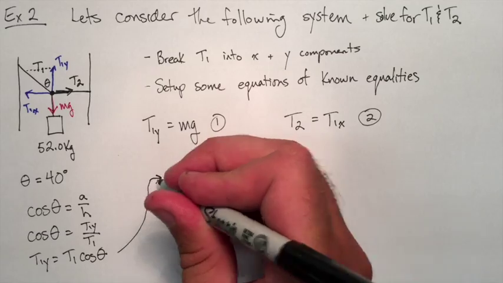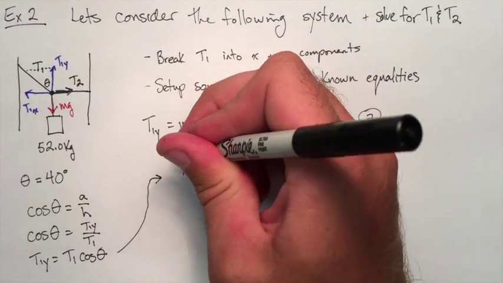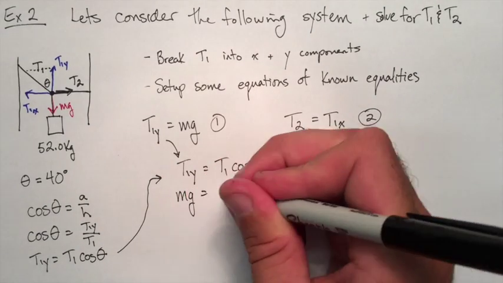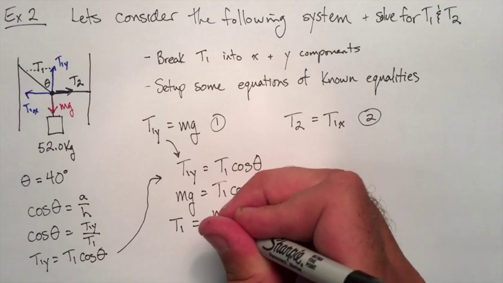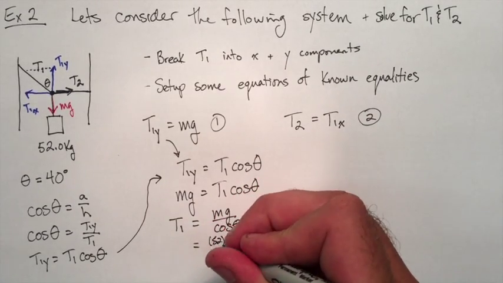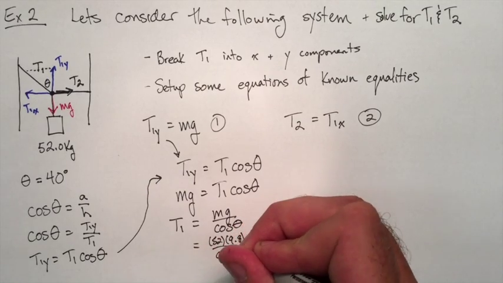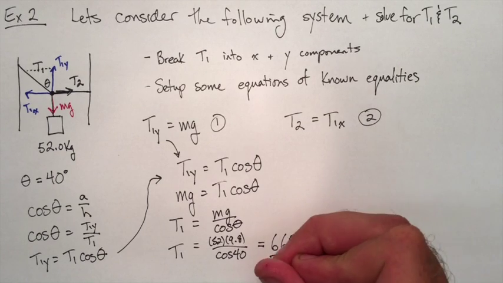So if we move that equation up here, and remember equation 1, we can sub that in. So mg equals T1 cos theta. Rearranging for T1, we get mg over cos theta, and we can solve for T1. So here we get T1 is equal to 665 newtons.